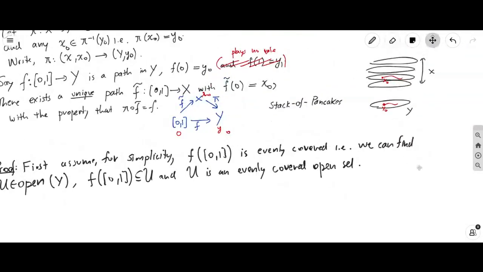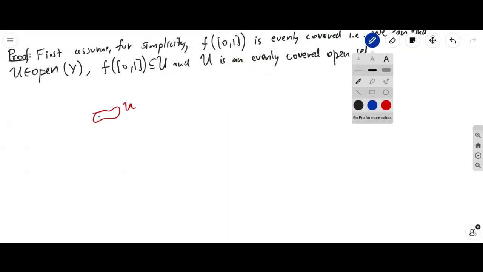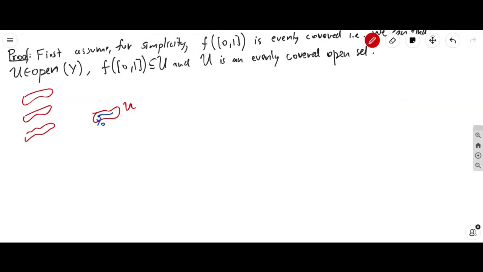So in fact, we're getting a picture like this again. What would that mean? This is your path, and the path begins at the point y0, and because it's a covering space, you have this stack of pancakes.